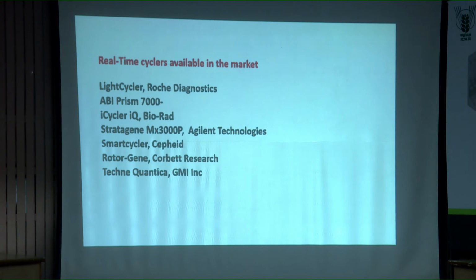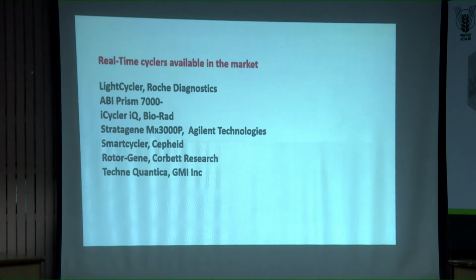And just for the youngsters, you may not have seen this kind of machines. There are so many machines in the market, much like the cell phones, starting from Apple ones to Android ones. Much like that here also, you have LightCycler Roche Diagnostics, the one we have in our lab.